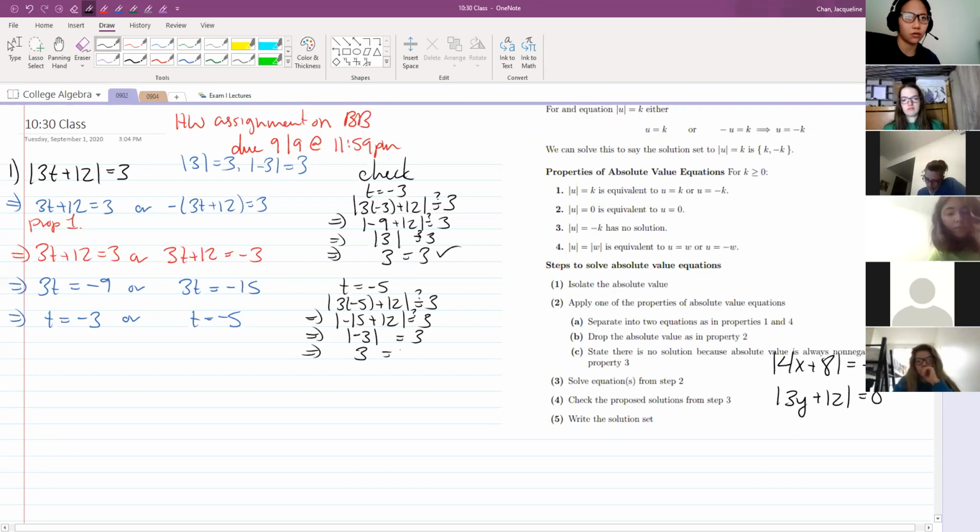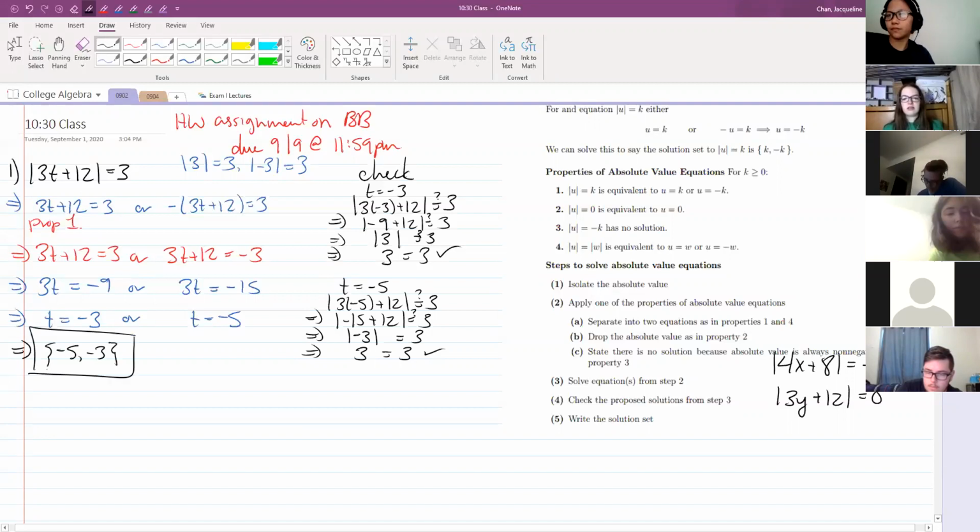This 3 is equal to 3. Since both hold, what does that mean? That means our solutions are -5 and -3. Any questions on that?